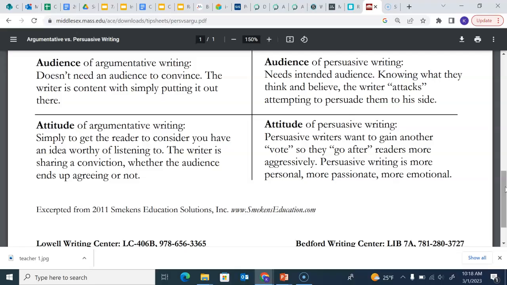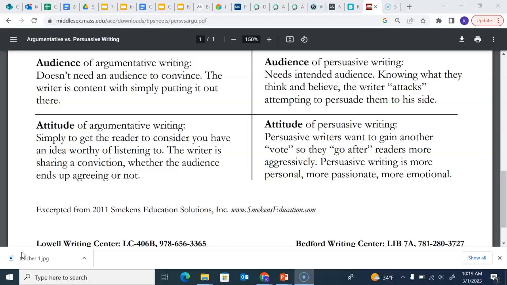Whereas persuasive writing 100% depends on the audience. So whereas with argument writing, you don't have to have the reader agree with you for it to be valid. Okay, continuing on. In the audience for persuasive writing, you absolutely have to have an audience.